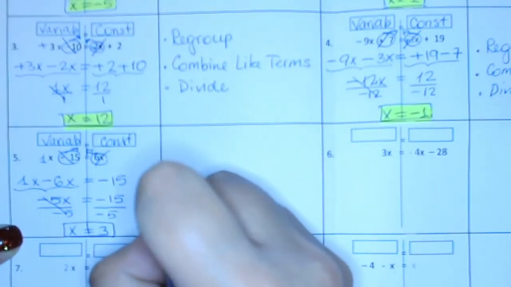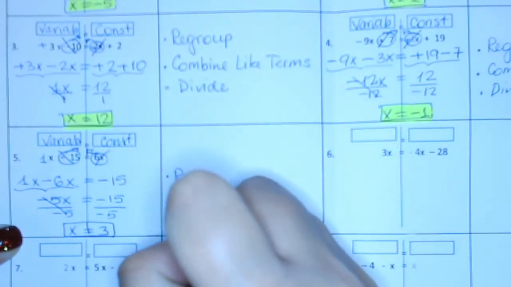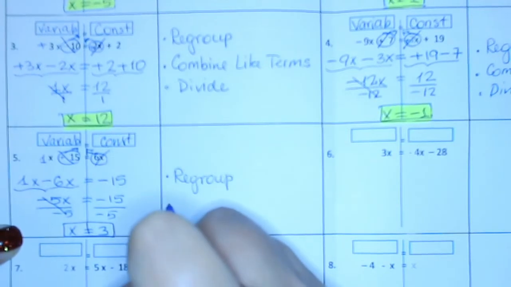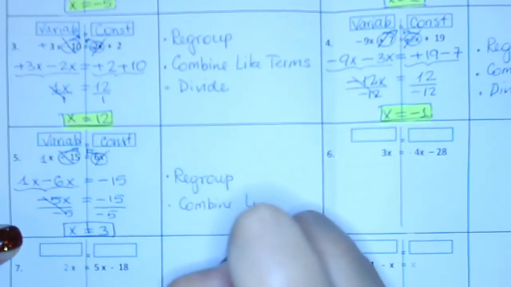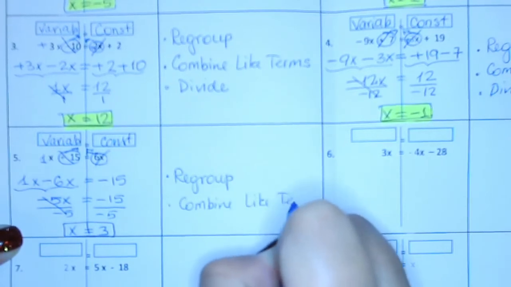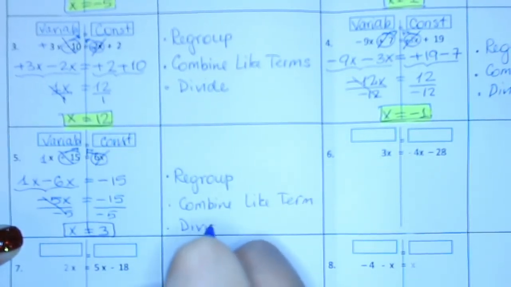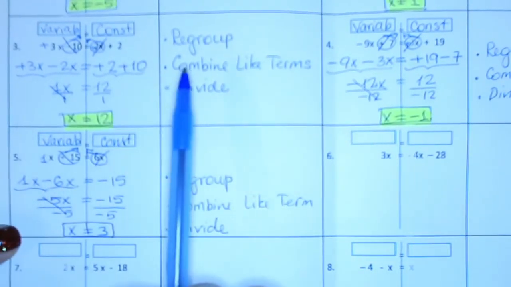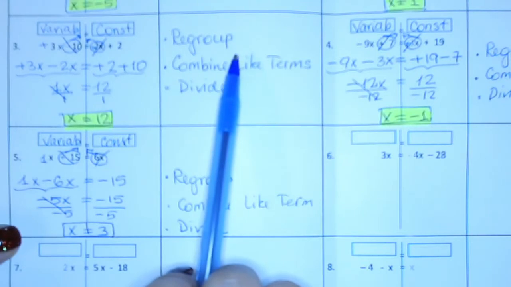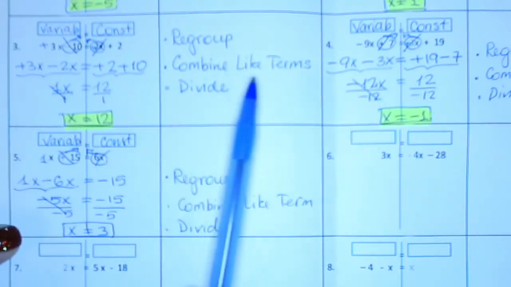So what we did, we decided what we wanted to do, regrouped our terms, we combined the like terms, and then we divided. And once we solve these equations, you'll see the same pattern. We regroup variables on one side, constants on the other, we combine like terms, and then we divide.